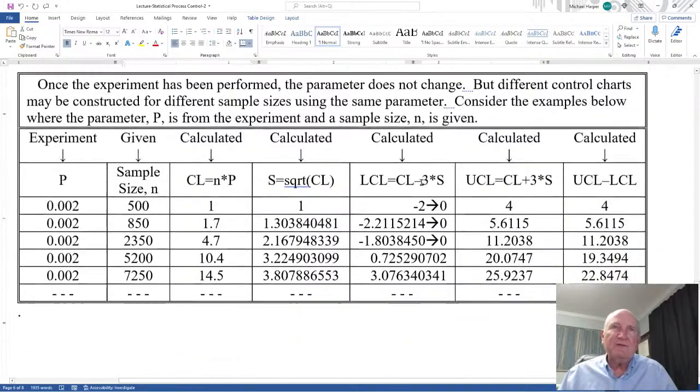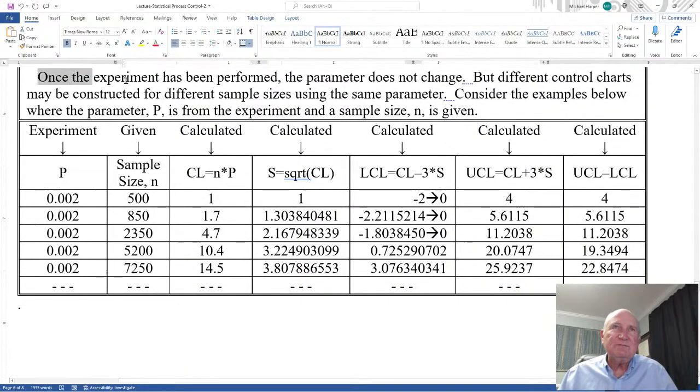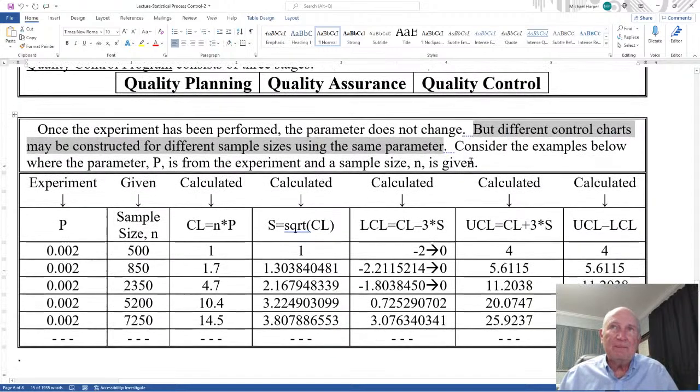Okay, now for the C chart, once the experiment has been performed, the parameter does not change. But different control charts may be constructed for different sample sizes using the same parameter. Consider the examples below where the parameter is from the experiment and the sample size N2 is given.